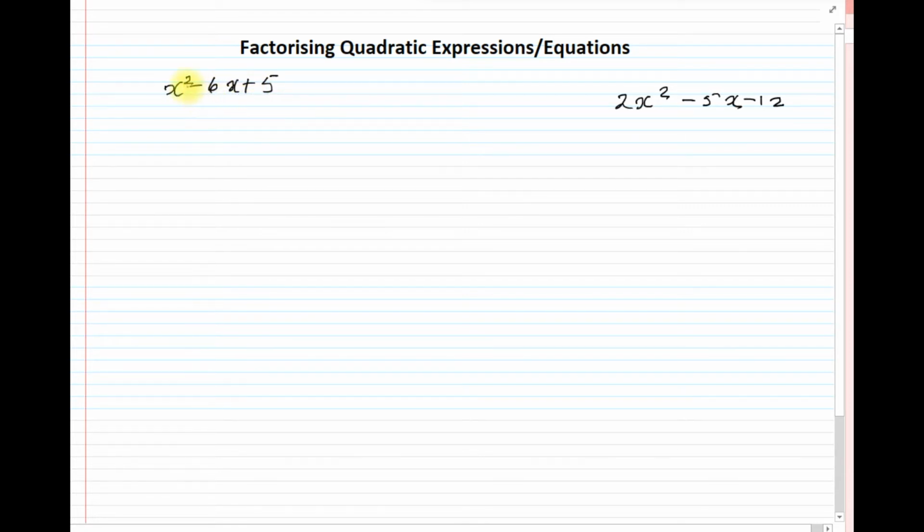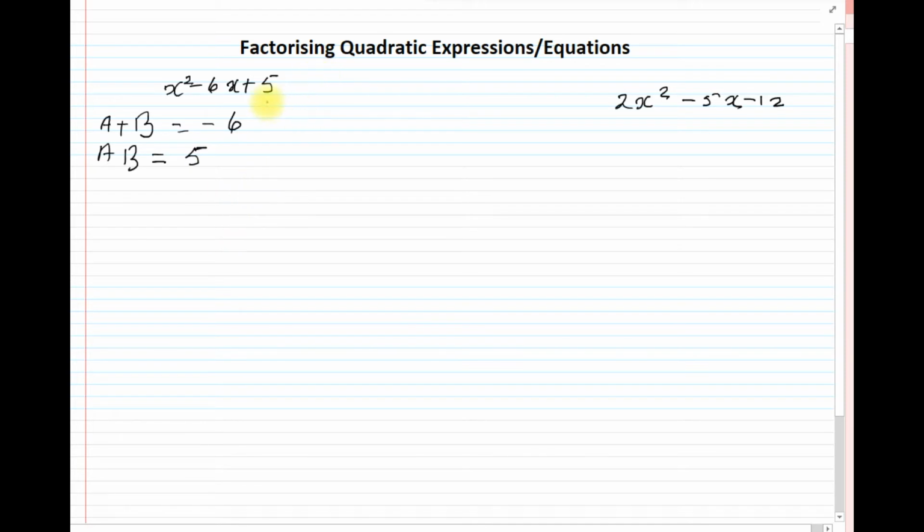If the coefficient of the x squared factor is 1, as it is here, we'll be looking for two numbers, a and b, such that a plus b is equal to this number here, which is minus 6, and ab, the product of the two numbers, must be 5.